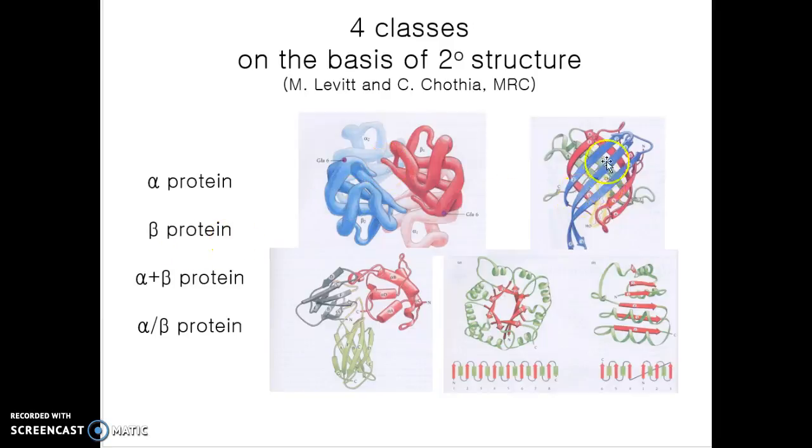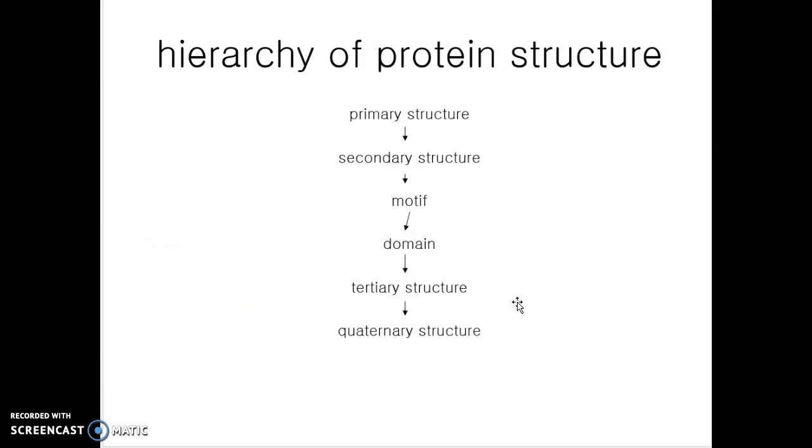Beta protein has only beta pleated sheet. Alpha plus beta and alpha slash beta both have both. The difference between the 2 is that in alpha plus beta, alpha regions are separated from beta regions. In alpha slash beta, the 2 structures get together, mixed.